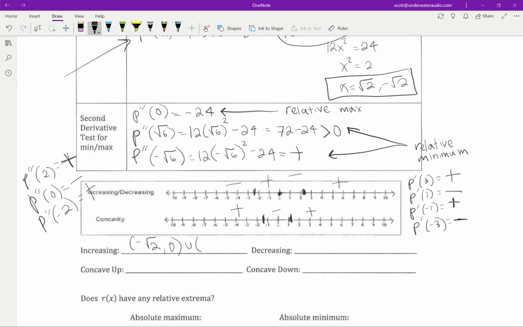And then from square root 2 to infinity. And then it was decreasing in the other intervals, so negative infinity to negative root 2, and then again from 0 to root 2.